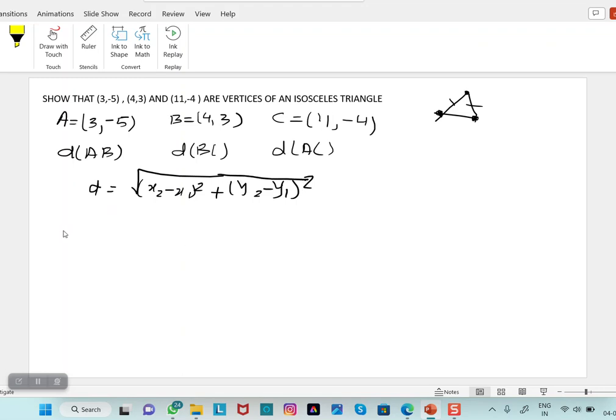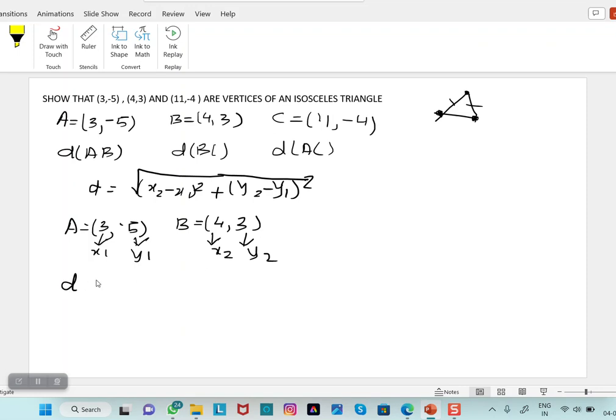Now, to find distance AB, we take A as (3, -5) and B as (4, 3). We call these x1, y1, x2, and y2.